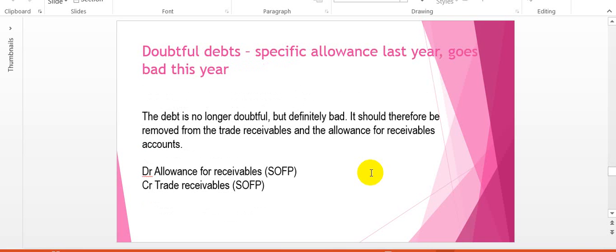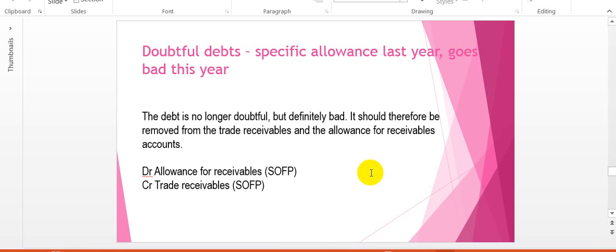The next scenario is where a doubtful debt specific allowance last year goes bad this year. Since the doubtful debt has not been written off from the trade receivables account, we now have to remove it from the trade receivables account, since it's definite that it has become bad.